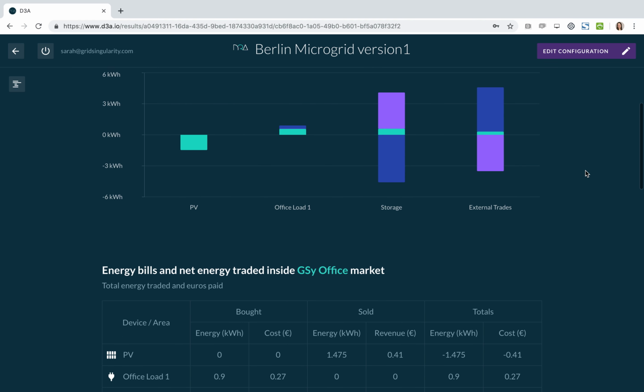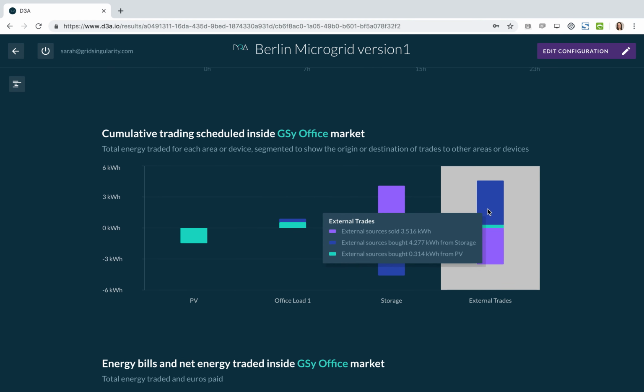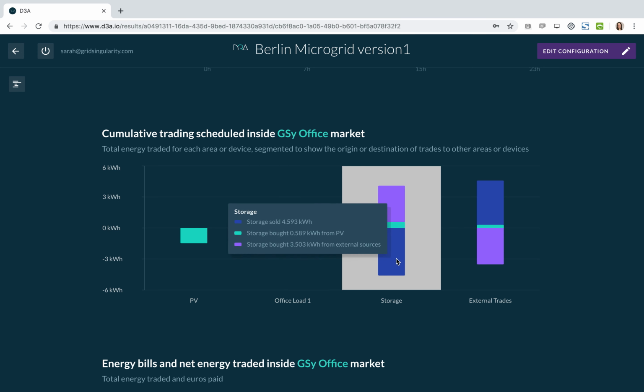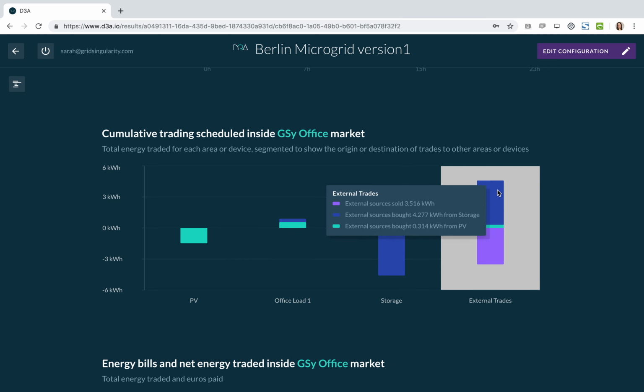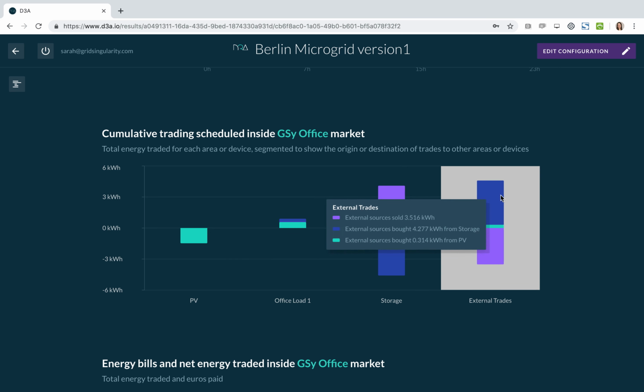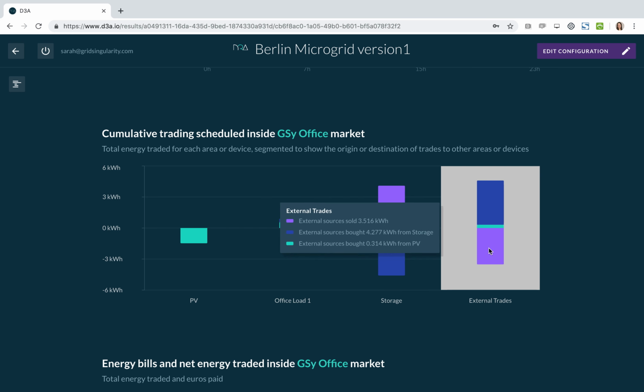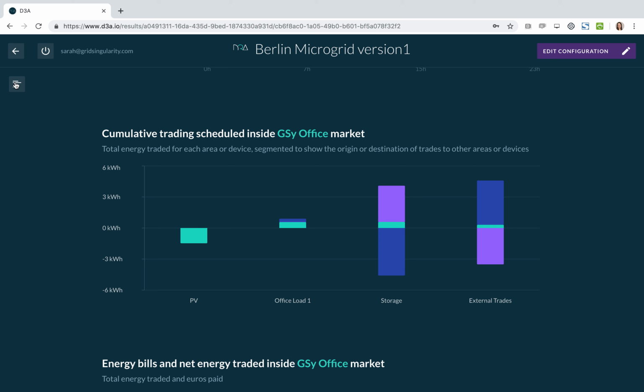And let's scroll up, and we can see here the same idea. So here the storage is blue. So its production would be blue on the positive axis, and most of it's going externally. And then most of what the storage is charging is also coming from an external source. So this is most likely the community PV, which is here.